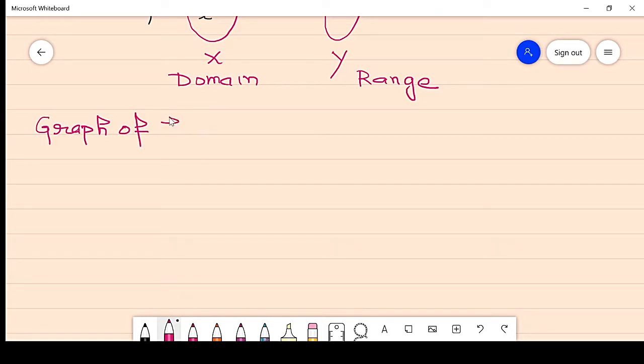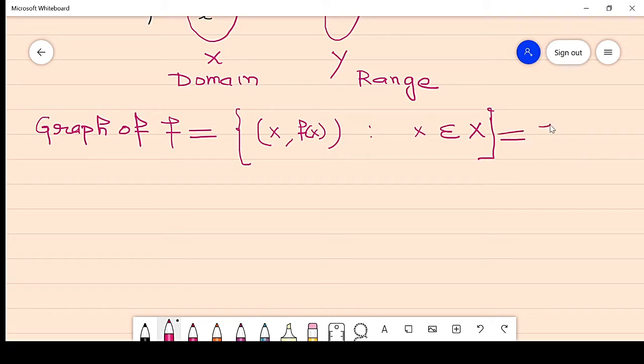It is a set in tuple form, (x, f(x)), such that x belongs to capital X. This is called the graph of f, and it is also denoted by G_f.